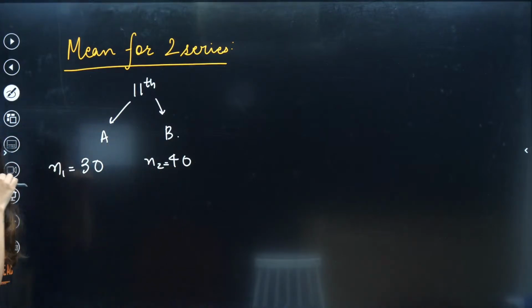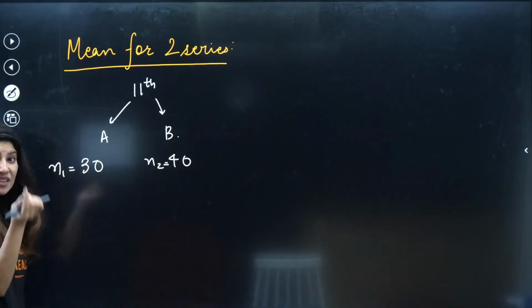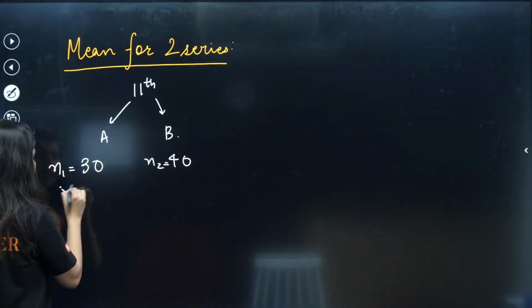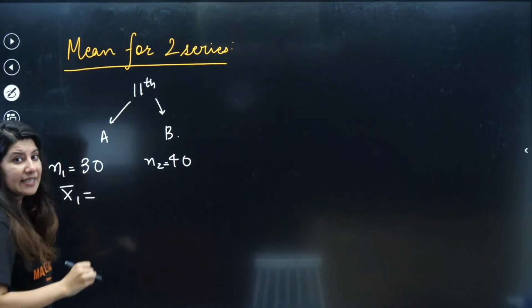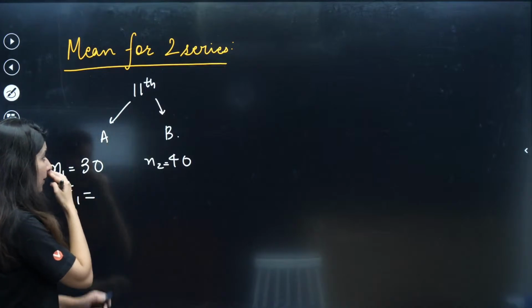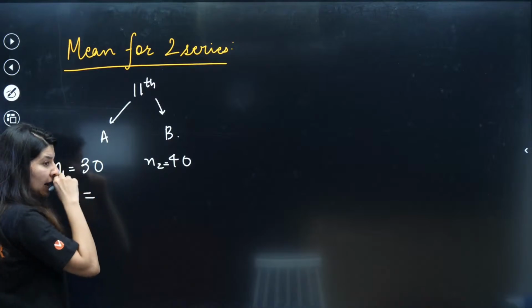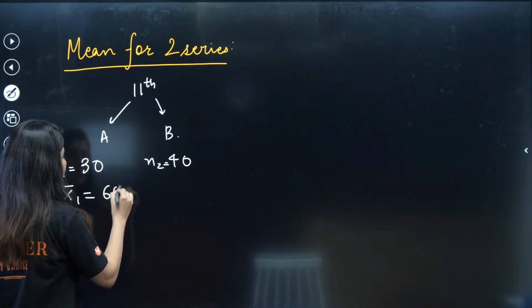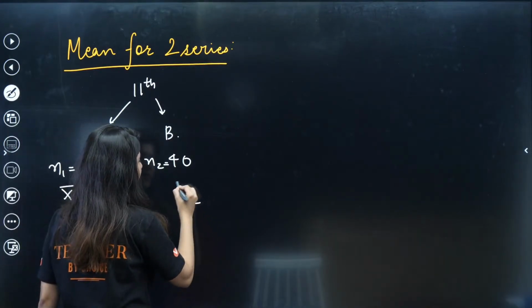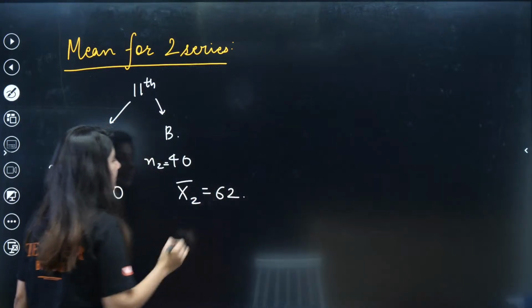And the mean of marks in mathematics, X1 bar, for class A comes out as 60, and in section B it comes out as 62.